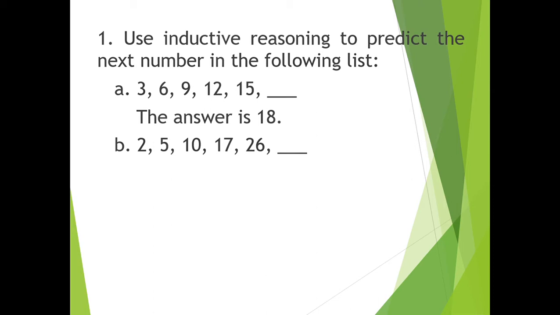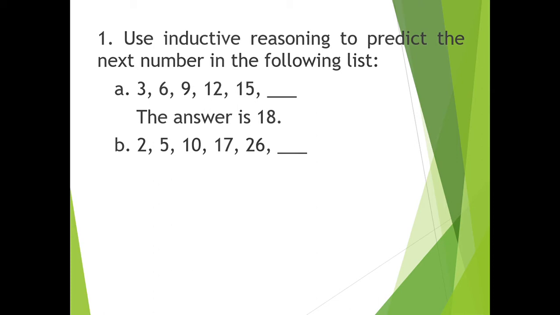That's 3. What was added to 5 to get 10? 5. So 3, 5. What was added to 10 to get 17? 7. So 3, 5, 7. What was added to 17 to get 26? 9. So 3, 5, 7, 9.